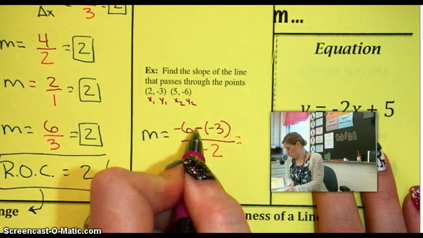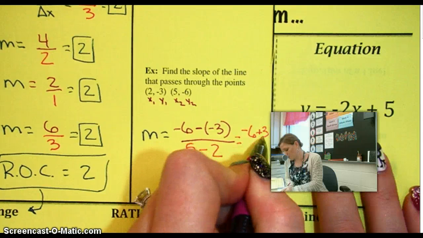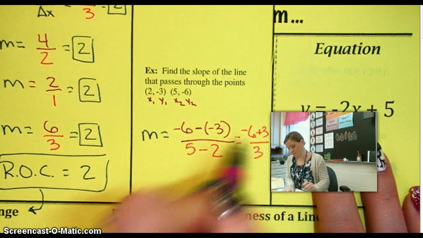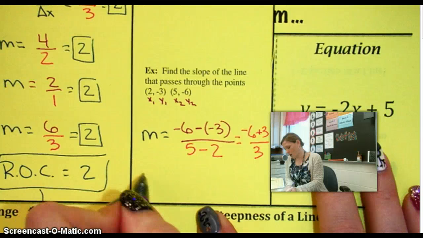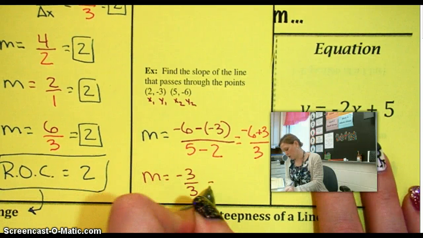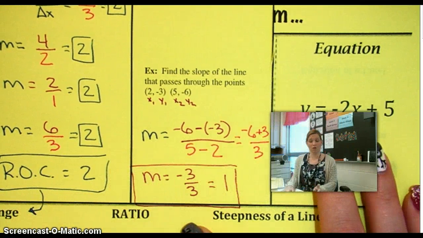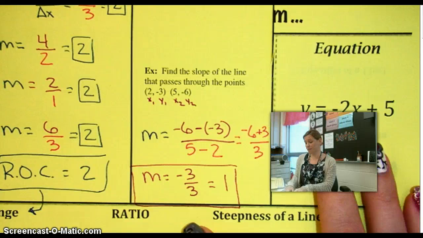Calculate. Just remember 2 negatives make a positive, so -6 plus 3 over 3, which would leave us to our slope equaling -3 over 3, which equals 1. And there's our example of a slope, which we practiced on Friday.